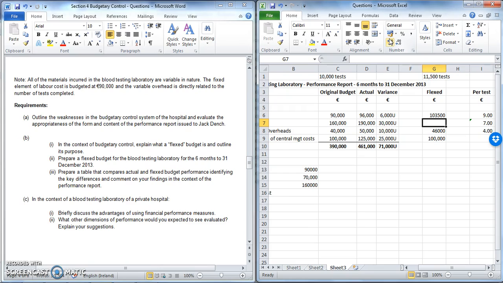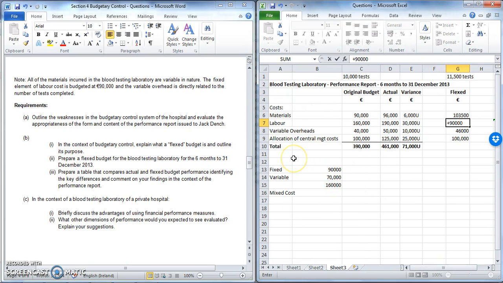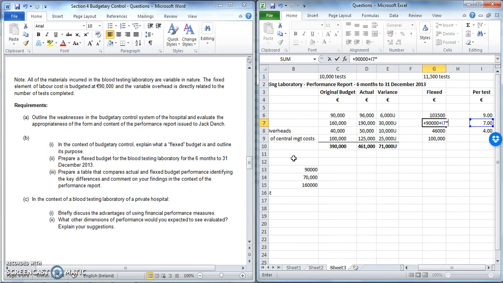So now our flex budget for labour will be 90,000, because remember that is the fixed portion, plus €7 per test times 11,500. When you add them up, that is now in your flex budget.